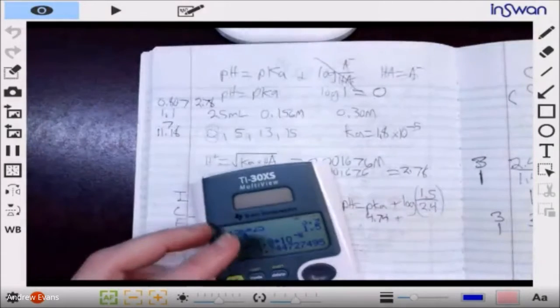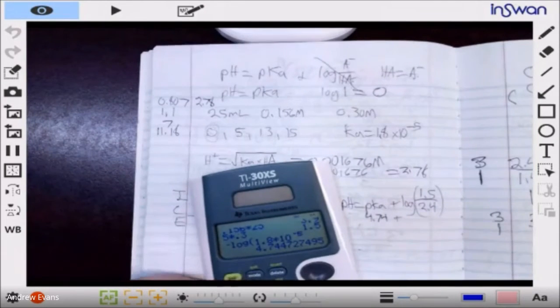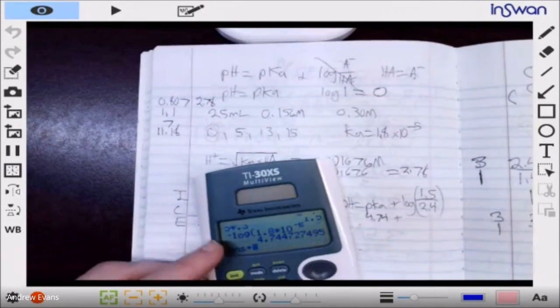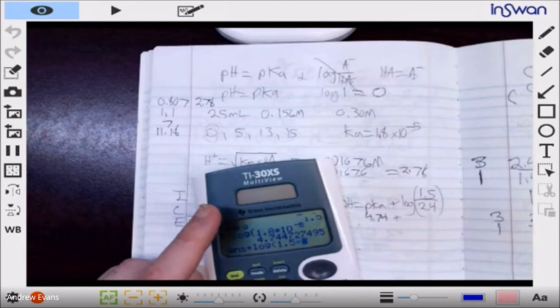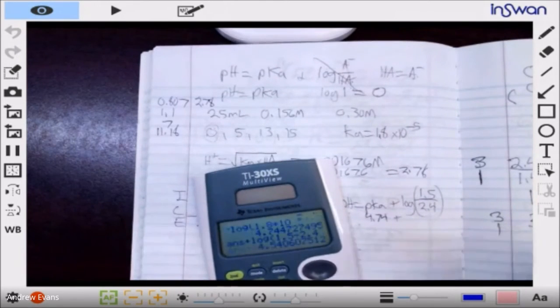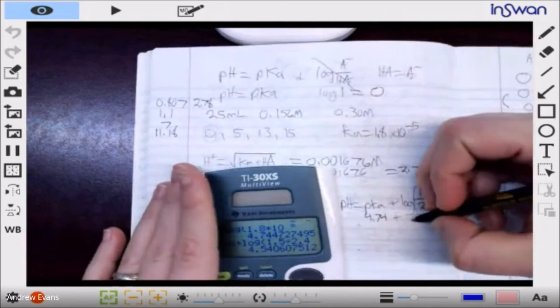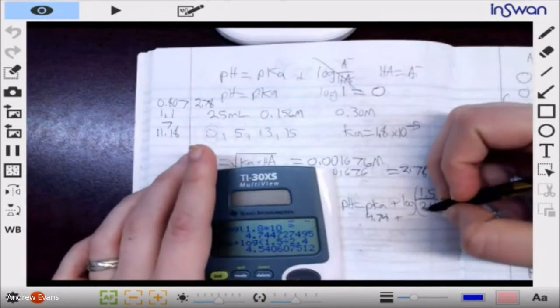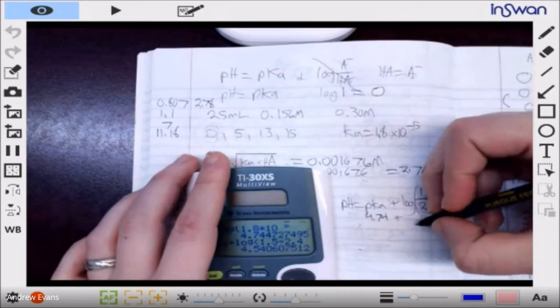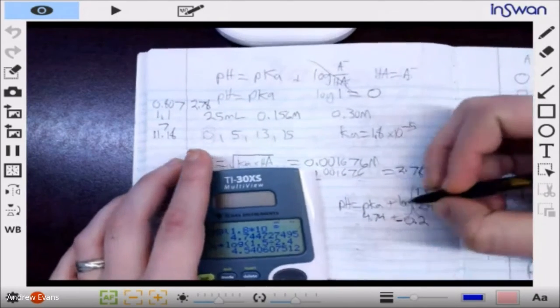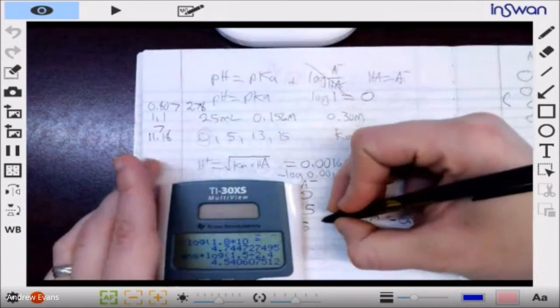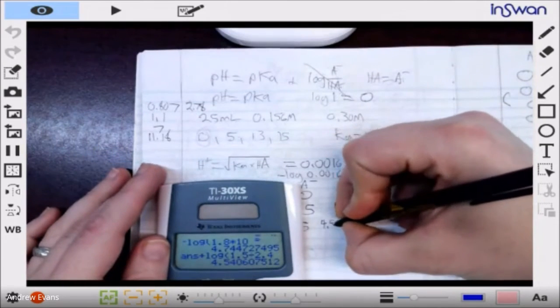So 4.74 plus log of 1.5 divided by 2.4. This is the buffering region. This ends up being just negative 0.2. So this buffering region is 4.54.